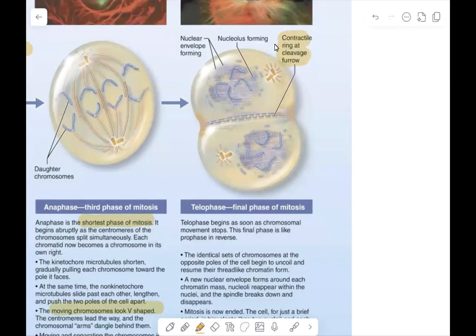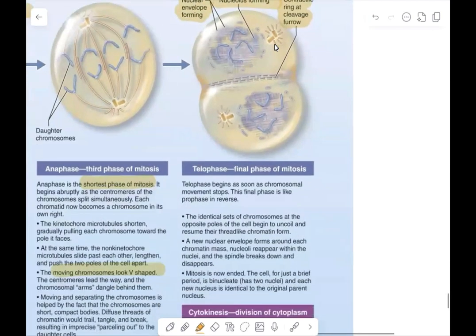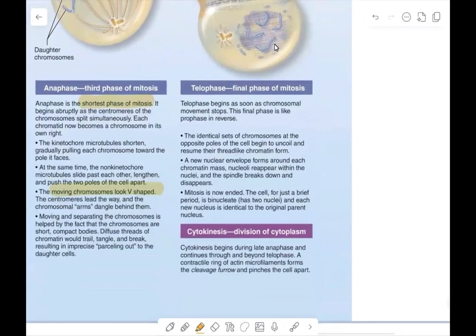And a lot of this is the opposite of prophase because now the nuclear envelope forms as well as the nucleolus. It begins as soon as the chromosome movement stops. It's kind of like prophase in reverse. A new nuclear envelope forms.